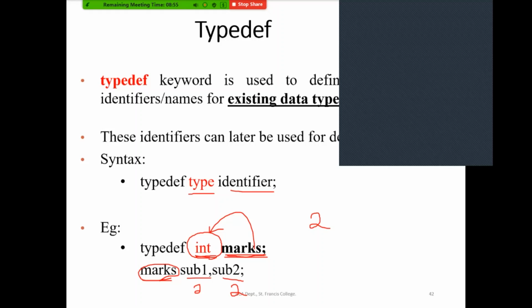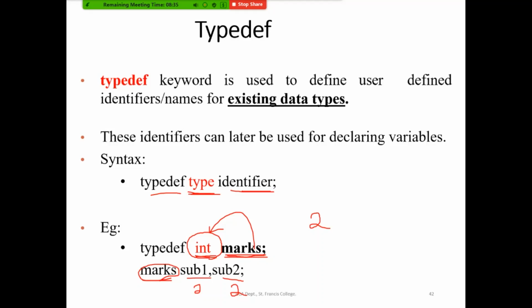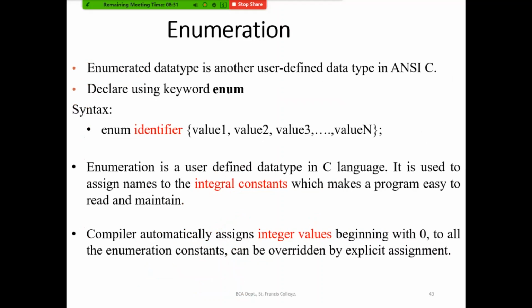So the second word should be our data type, float, which should come after typedef, and then the name with which I am going to rename float. So if I am going to rename float as average, I should give typedef float average. Okay. I will put the question later, and in the next test also I'll give examples.